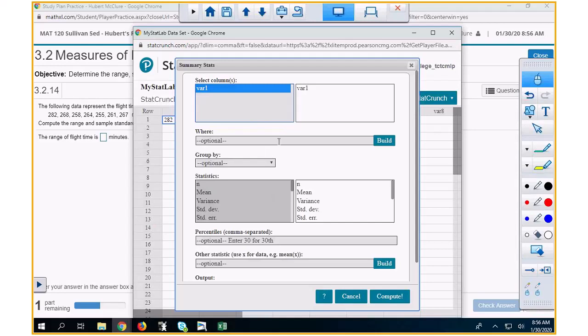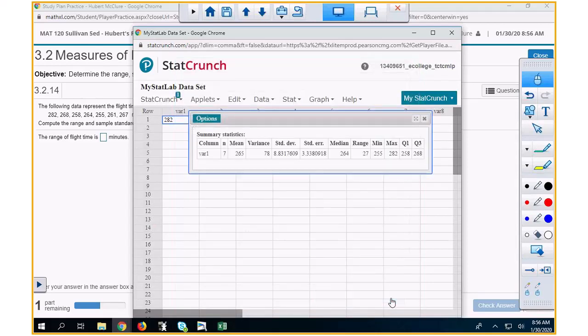Some of them are going to have multiple columns, and you got to click on which one you want, then hit compute. Now, you could probably add or subtract things, but the mean, the standard deviation, the median, the range, and the interquartile range should give you more than that.